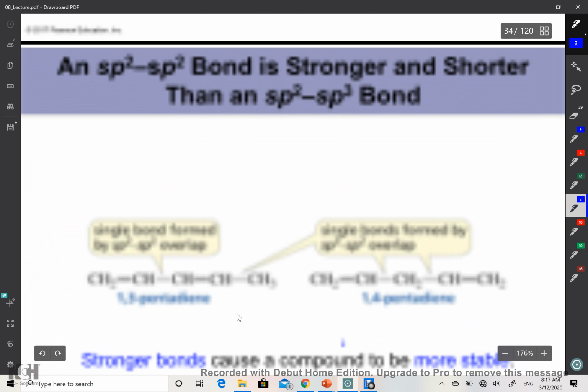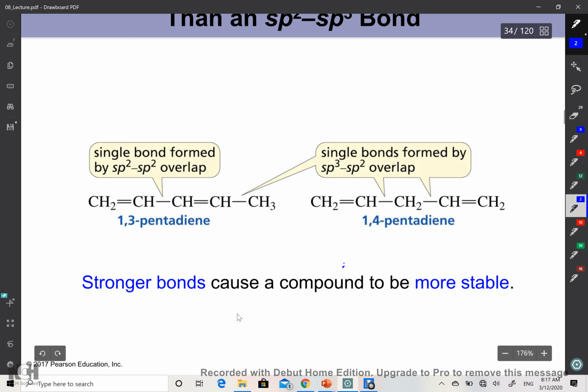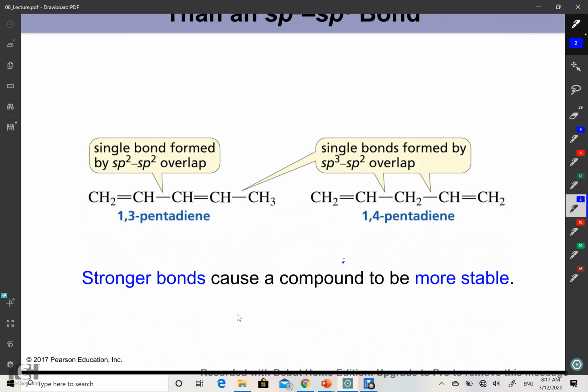Now, structural properties of isolated versus conjugated diene. In terms of structure, we notice that in conjugated diene, just like we said before, all the carbons are sp2.